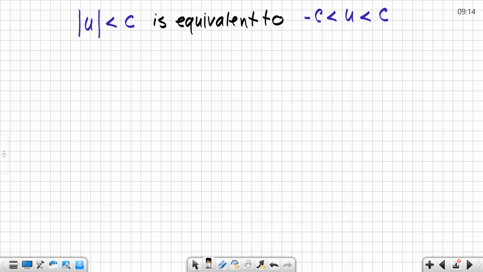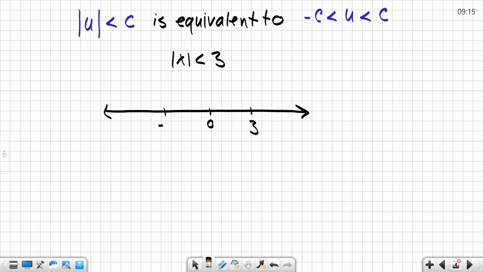Well, let me give you a concrete example here real quick. If you are looking at the absolute value of x is less than 3, this means that all of the numbers that are smaller than 3 in absolute value are solutions to this inequality. Visually, as I mentioned in the last section, this means all of the numbers that are the same distance away from 0, exactly between negative 3 and positive 3.